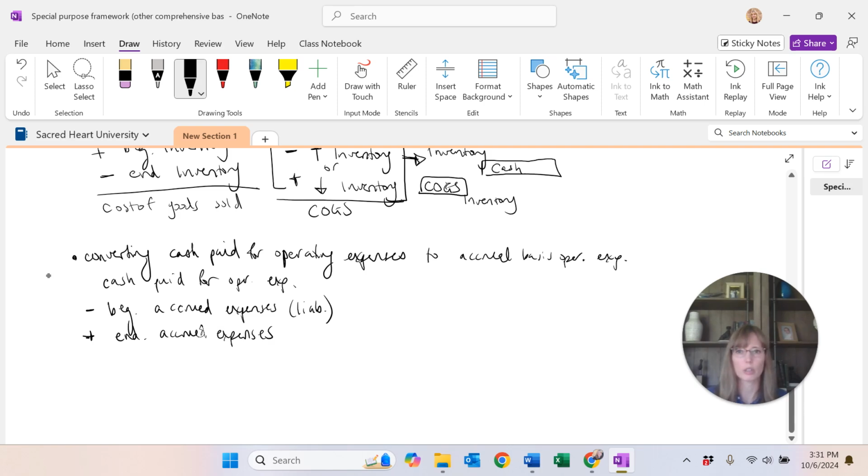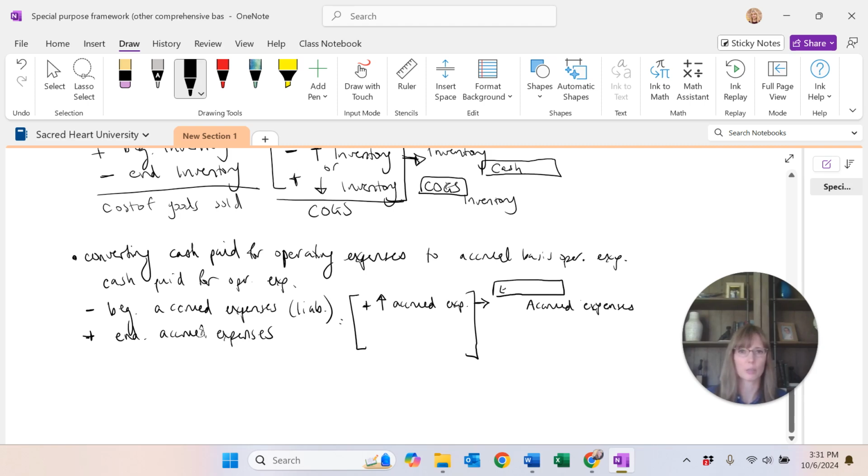Okay, so this is equivalent to adding an increase in accrued expenses, or accrued liabilities. And why is that? Why would we add an increase? So accrued liabilities, why would that increase? Credit accrued liabilities or accrued expenses. What must have happened on the other side?